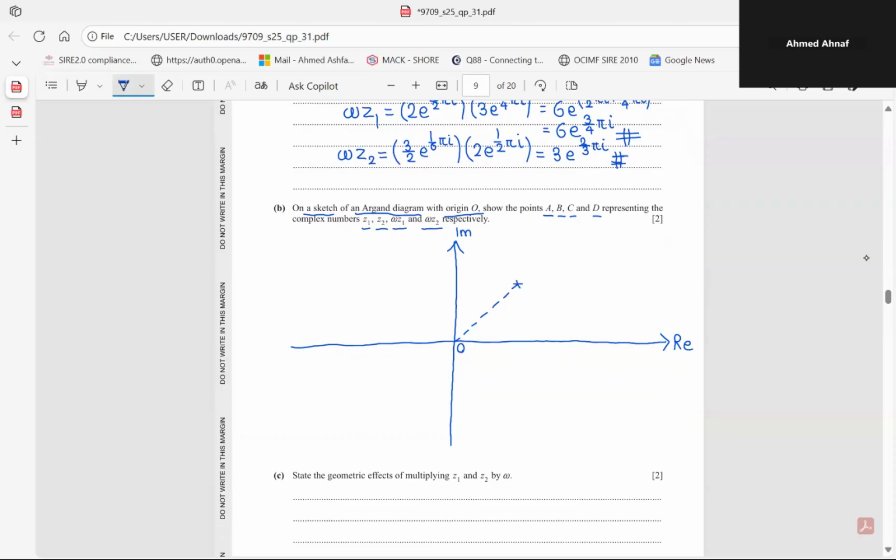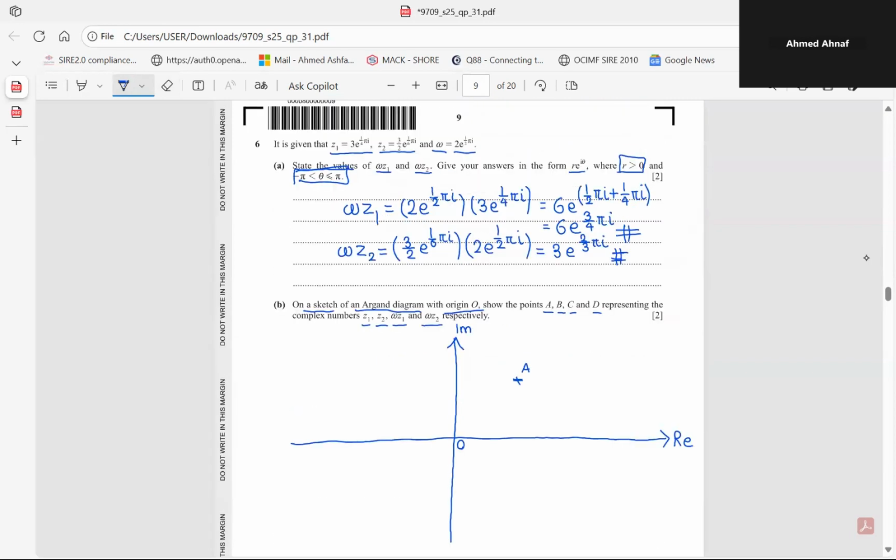Okay, this is a good spot for A. Let's erase all the dotted lines. So this is our point A. And now let's sketch our point B, z2.